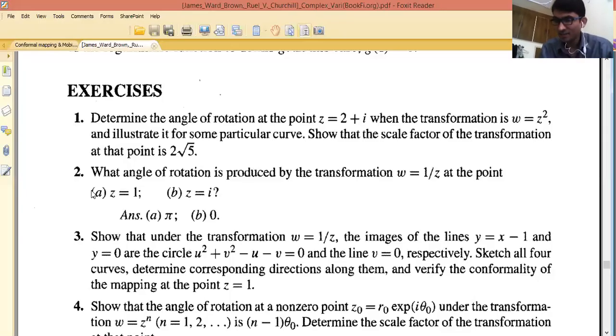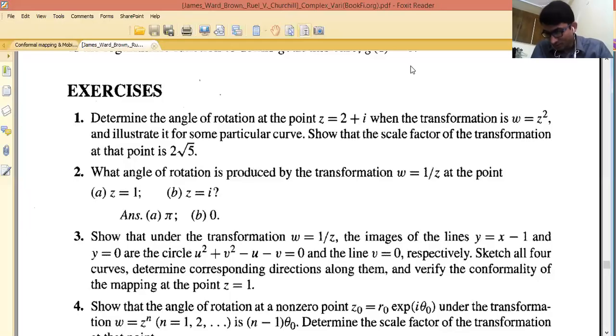And second, let f(z) be an analytic function of z in region D of the z plane, and let its derivative be not equal to 0 inside D, then the mapping is conformal at the points of D. Note that if f(z) is analytic at z naught and its derivative at z naught is not equal to 0, then under the transformation w equals f of z, the tangent at z naught to any curve C1 is rotated through an angle theta naught.